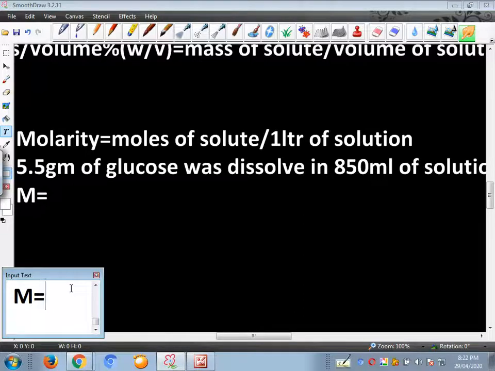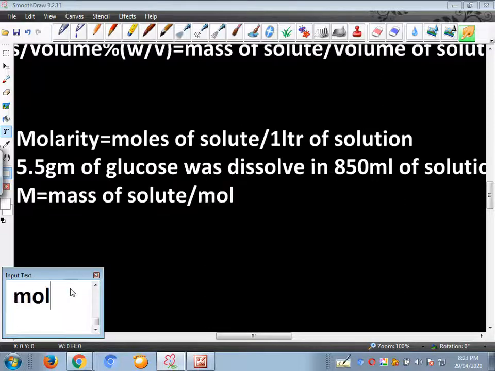You have to go for the same formula, that is molarity is equal to mass of solute divided by molar mass of solute.